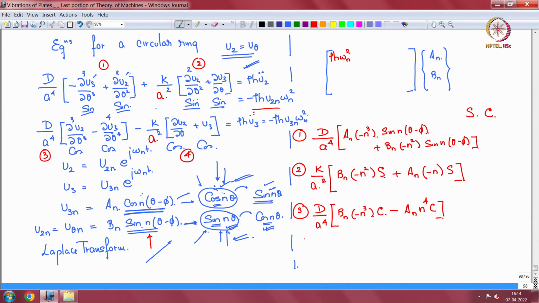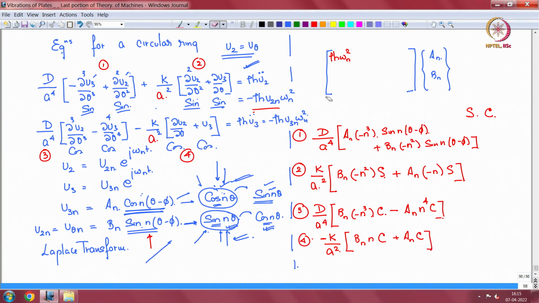Okay, then the fourth term gives me minus k by a squared, one derivative at theta gives me bn n and C, and no derivative gives me an C.